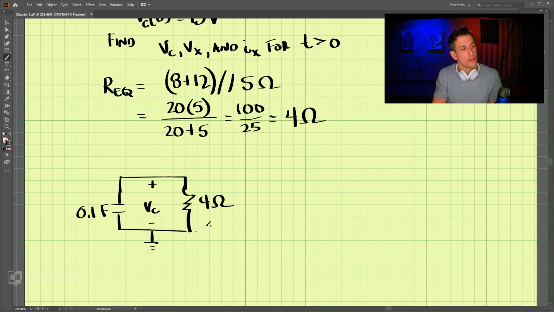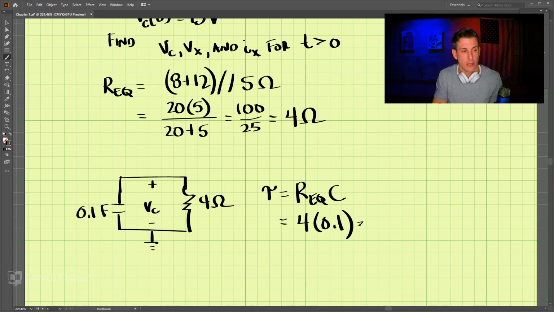By doing this, we can figure out our time constant, tau, which is R equivalent times C, equal to 4 ohms times 0.1. That comes out to 0.4 seconds. Our time constant is in seconds here.